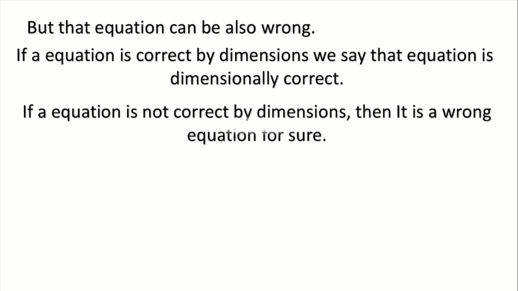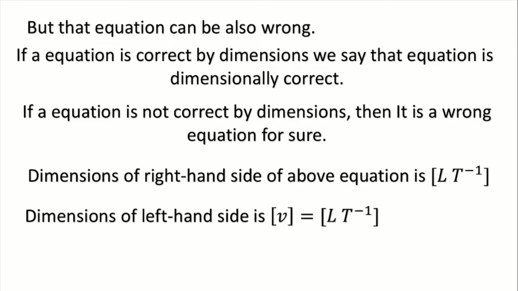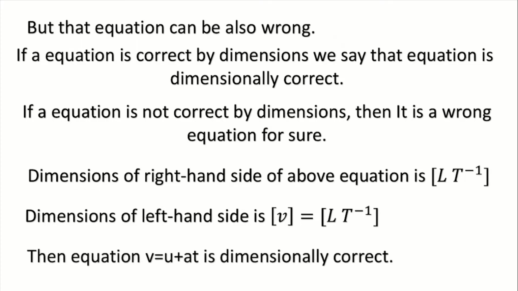And if an equation is not correct by dimensions, then it is a wrong equation for sure. But we can't say an equation is correct just by proving that the dimensions are equal. The dimension of the right hand side of the above equation is LT^-1. The dimension of the left hand side is also LT^-1. Then the equation v = u + at is dimensionally correct.